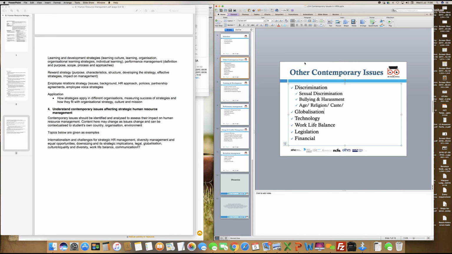Now, if the business does well, let's look at the example of Tesco here. As you know, Tesco operates in 12 different countries, but Tesco pulled out of American operations, I think in 2014, which led to 12,000 job losses or redundancies in the US.